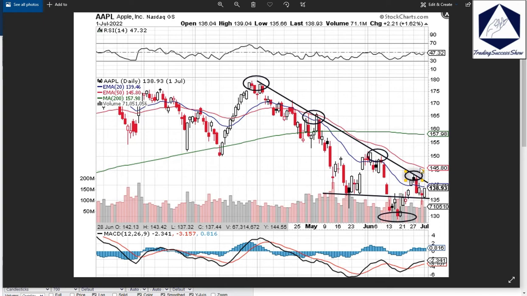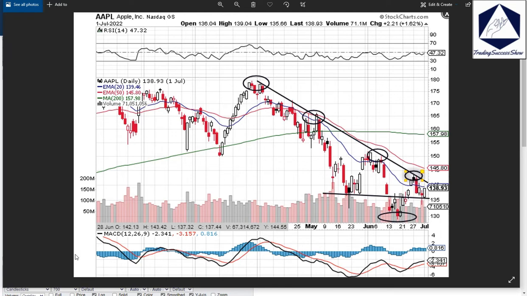Okay, Apple, I got Apple around the $130 spot, which we did make a somewhat double bottom here and bounce into downtrend resistance, only to put up another double top and back down into 135.